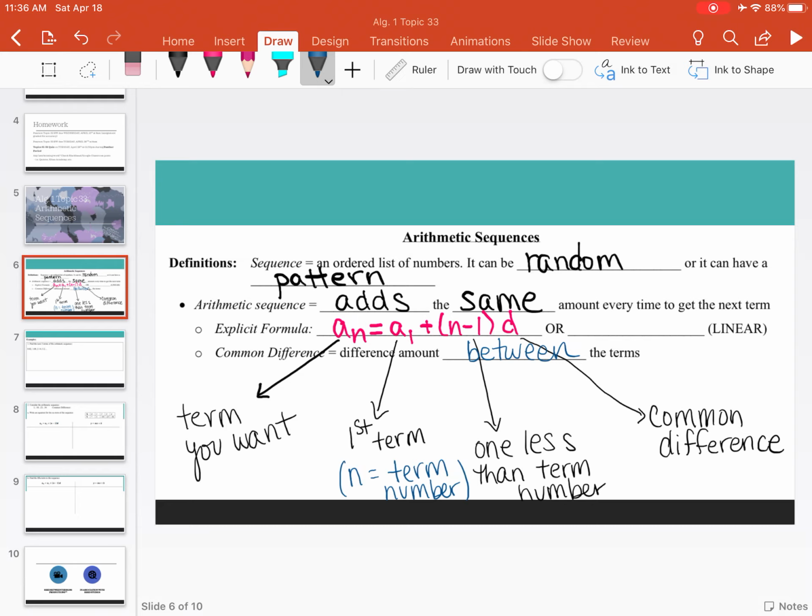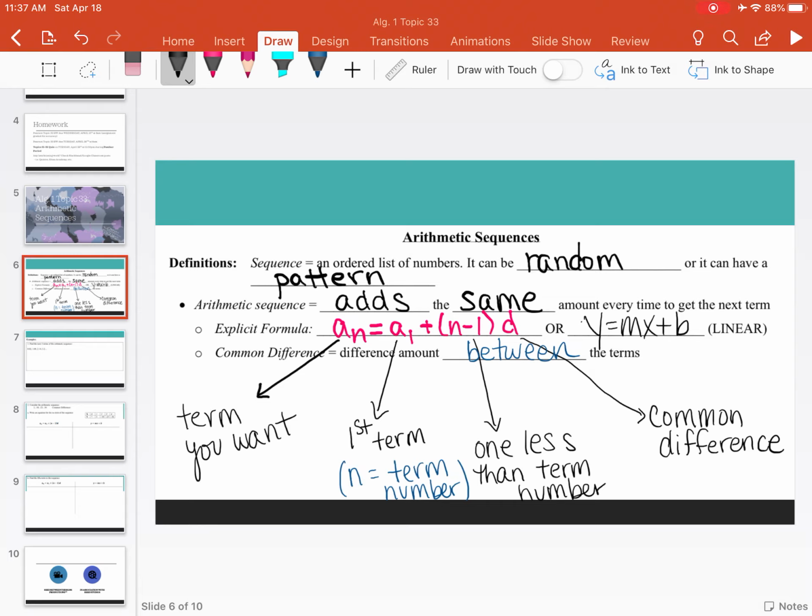So that was one formula that we can use to represent the explicit formula for an arithmetic sequence. Another formula you might see is the equation y equals mx plus b. And I know what you're thinking. Wait, I've seen this before. Yes, this is the equation of a line.